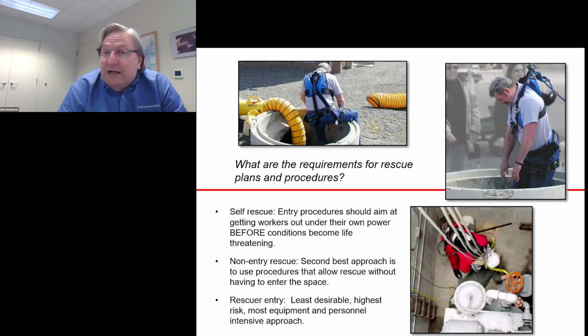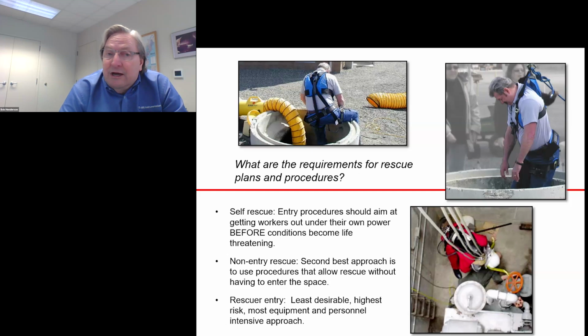And the only way that is going to be possible is if you have the standby rescue team immediately adjacent to the confined space. If you waste 5 minutes on the rescue team coming even from a nearby fire station, it's just going to be a body recovery. So make sure that you address the rescue issue.